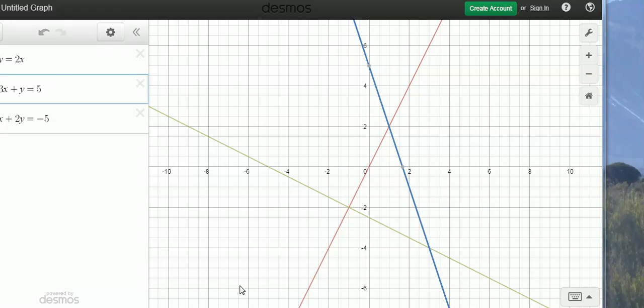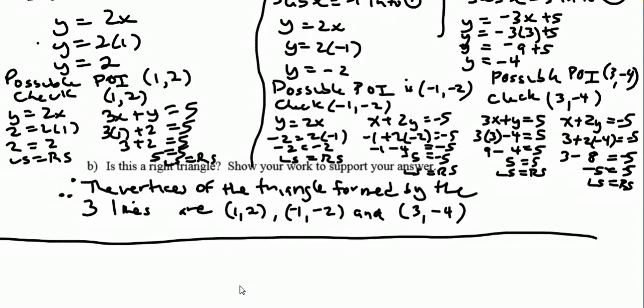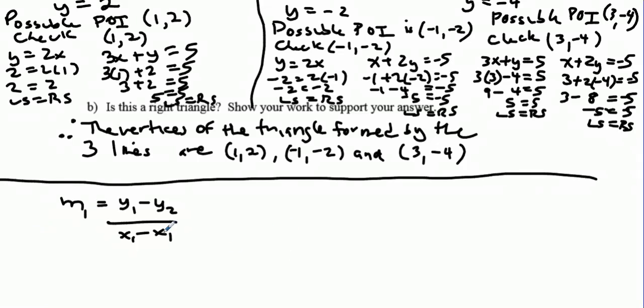Let's find those slopes. Slope formula. So I'm going to find the slope of, let's just call it line 1, using these 2 points. I'll just rewrite the formula for you if you've forgotten. So y1 minus y2 over x1 minus x2. Doesn't matter. You can have y2 minus y1. It really doesn't matter.